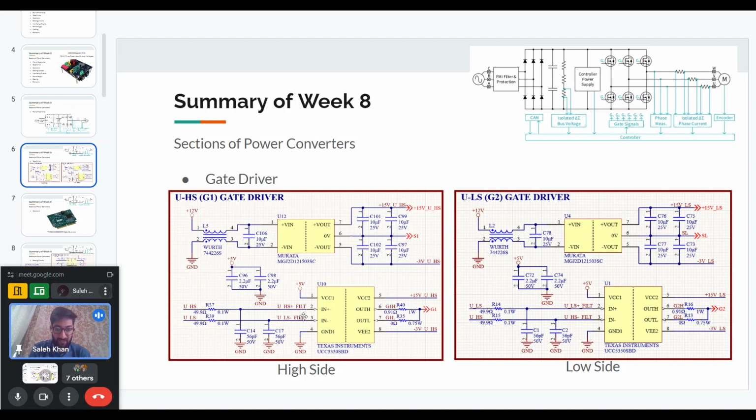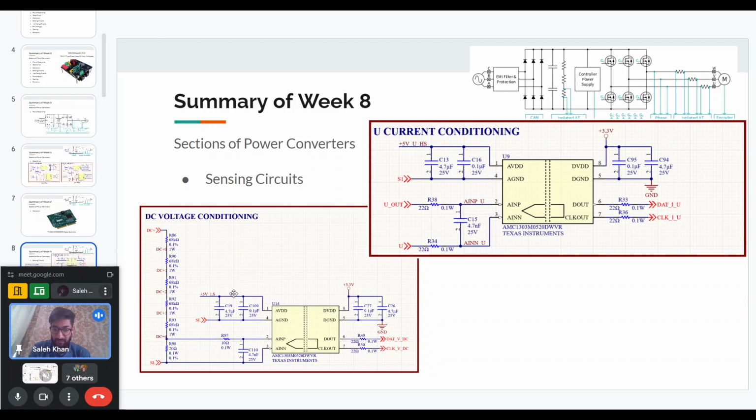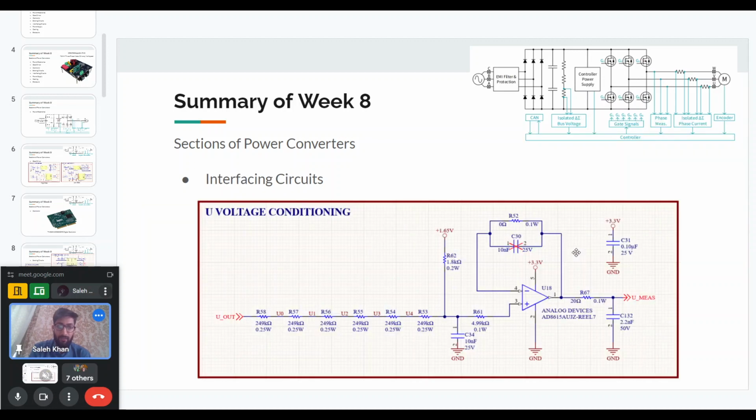The gate driver IC has plus 5 volt supply. Similarly, the sensing circuits have plus 5 volt on one side and plus 3.3 volt on another side. The interfacing circuit also has plus 3.3 volt. We also require this 1.65 volts.